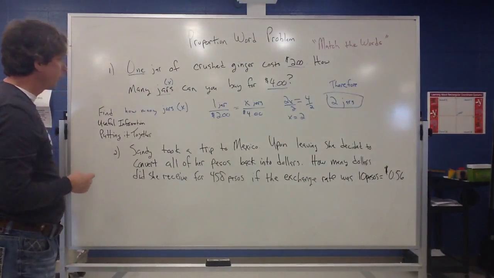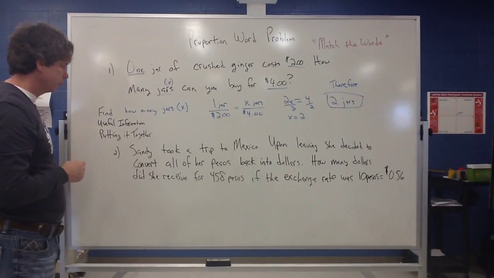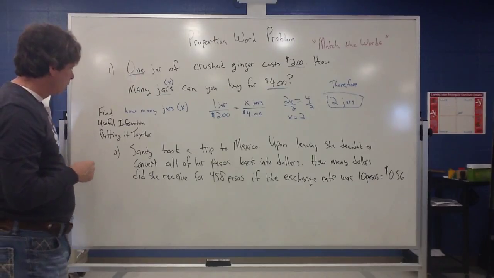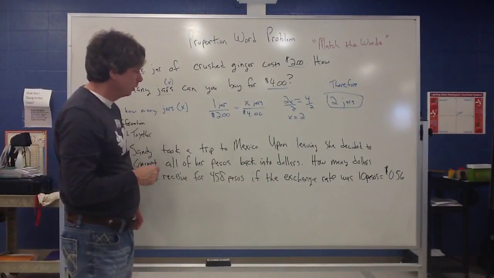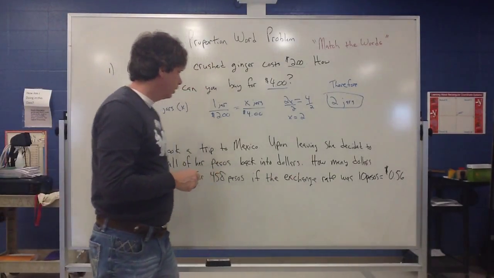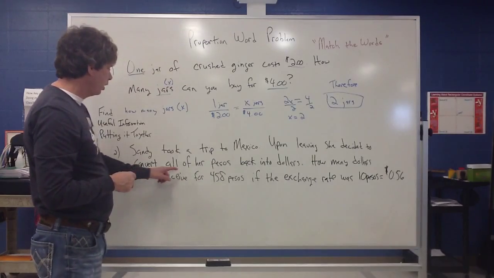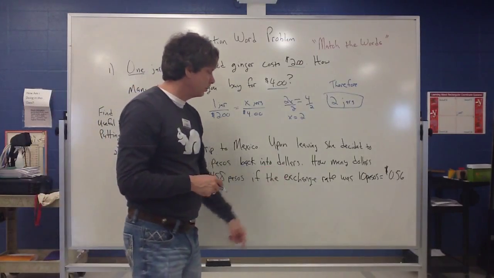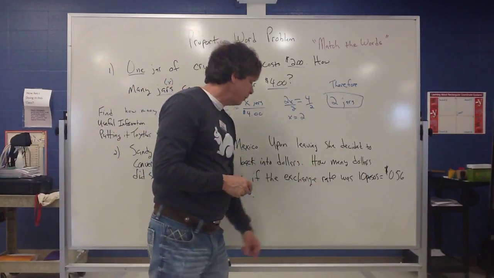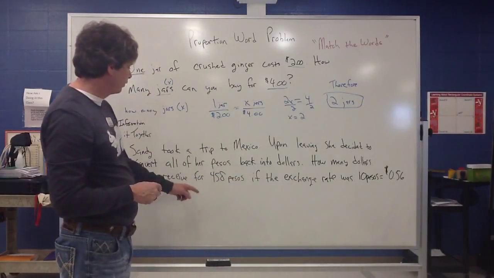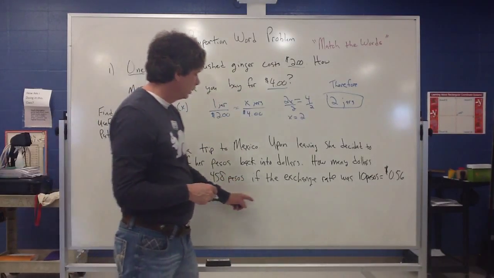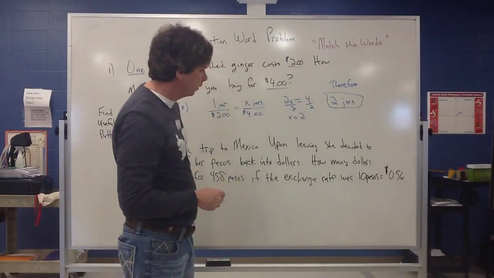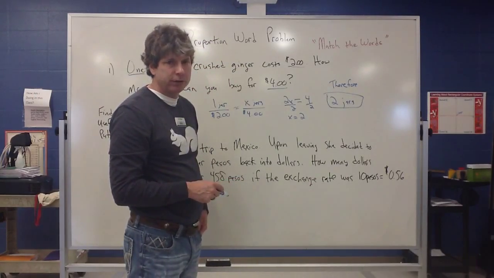So include your label when you write your answer down. So let's try another example which probably will be a proportion. So Sandy took a trip to Mexico. Upon leaving, she decided to convert all of her pesos back into dollars. How many dollars did she receive for 458 pesos if the exchange rate was 10 pesos is equal to 56 cents?